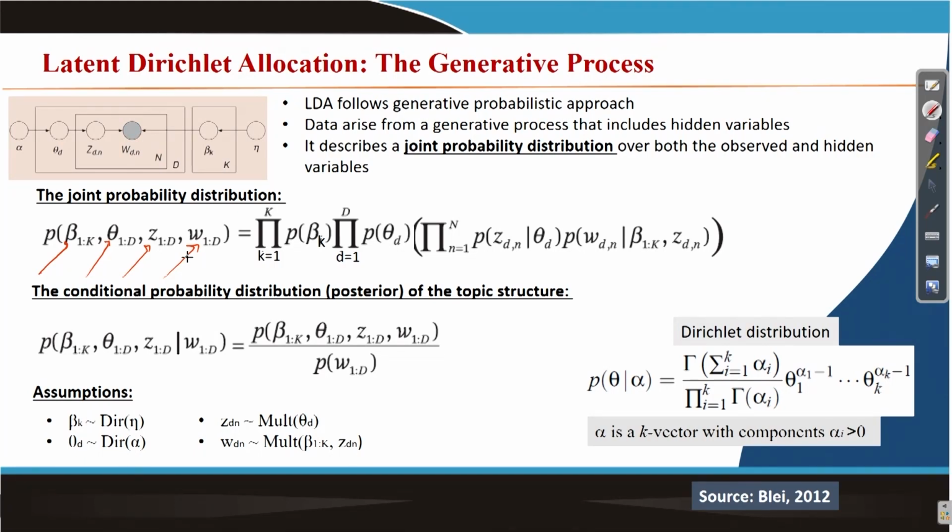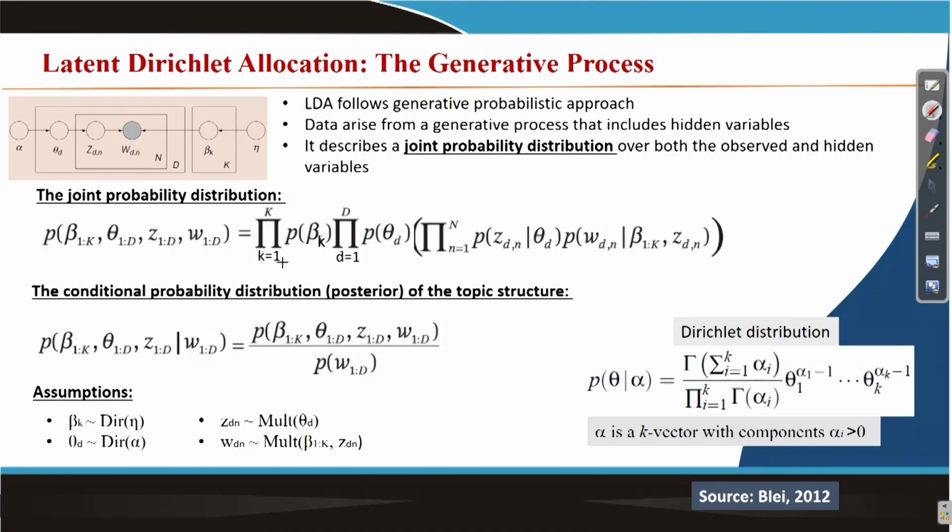Now this probability means the joint occurrence of all together: the documents W1 to WD, Z1 to ZD, that means the topic per word assignment, then theta 1 to theta D, and beta 1 to beta K. The joint probability distribution, if we want to take a particular combination of those things, then how this particular combination is occurring, is through multiplication of probabilities.